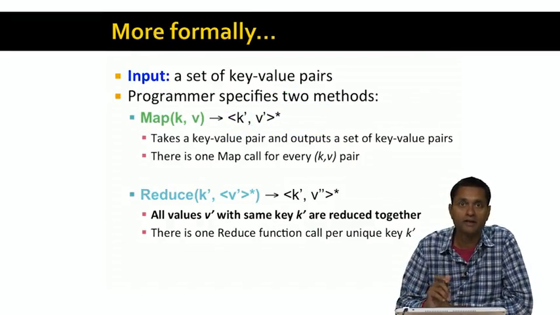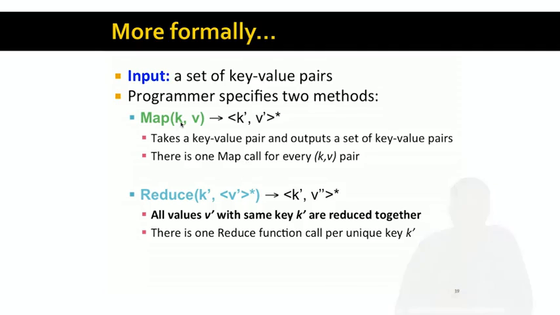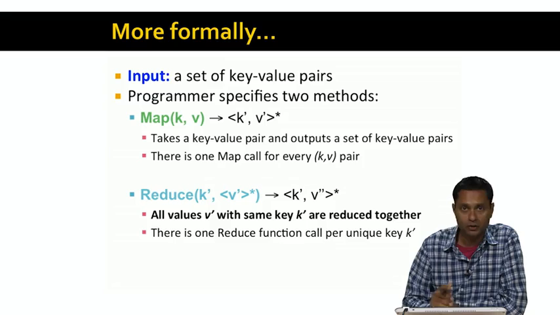So more formally, the input to MapReduce is a set of key value pairs, and the programmer has to specify 2 methods. The first method is a map method, and the map method takes an input key value pair and produces a set of intermediate key value pairs, 0 or more intermediate key value pairs. And there is one map call for every input key value pair. The reduce function takes an intermediate key value group.